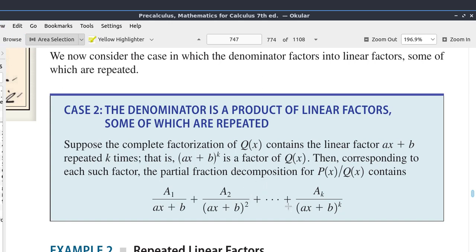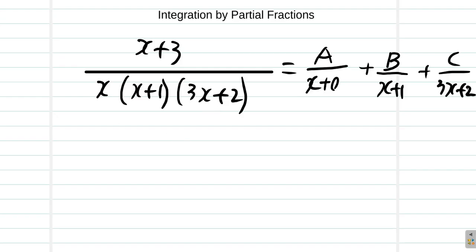So, what they're saying is, suppose the complete factorization of q of x contains the linear factors ax plus b repeated k times, that is ax plus b raised to the power of k. Right?